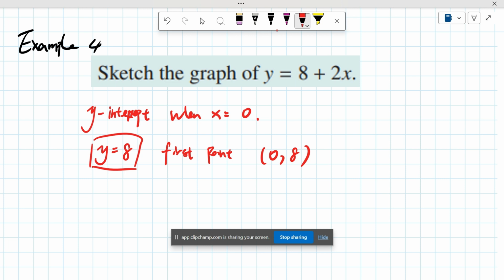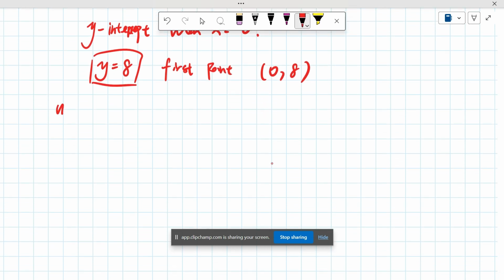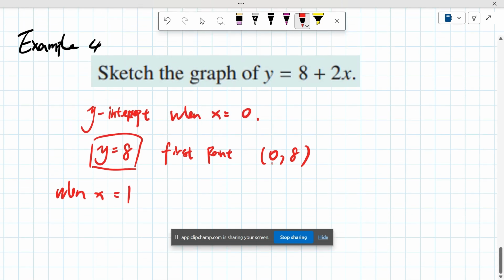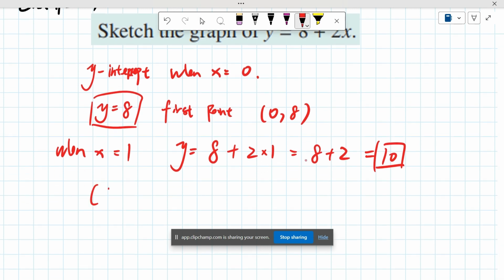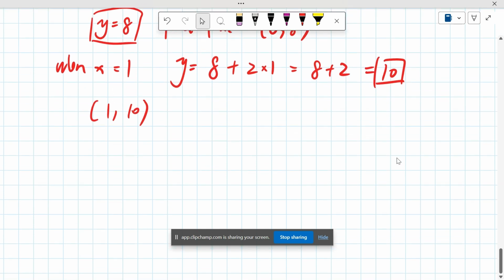For the second point, I substitute x equal to 1. So y equals 8 plus 2 multiplied by 1, which equals 10. The second point will be (1, 10). That's it.